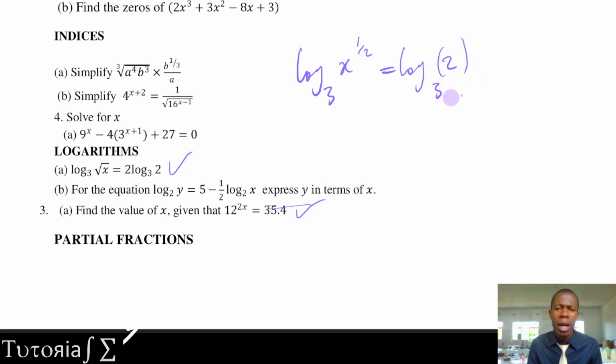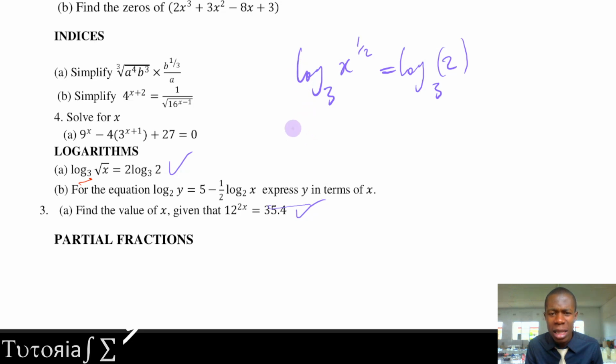Now this value can be found on a calculator. Remember our rule that we stated earlier. Here we can drop the power, or maybe before we drop the power, we can convert this to base 10. Remember, it is in base 3. If there is no number, then it is in base 10. So this is in base 3, so we can convert this to base 10 so that we can easily calculate.